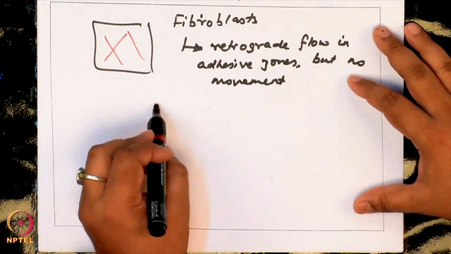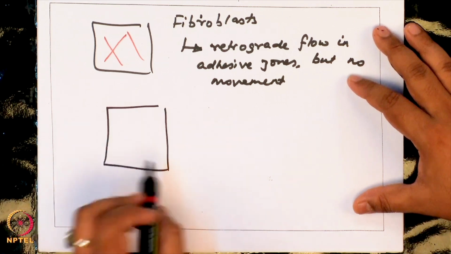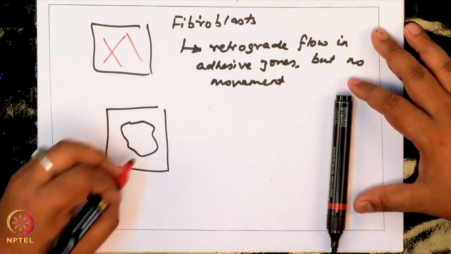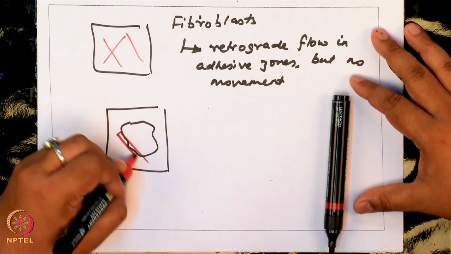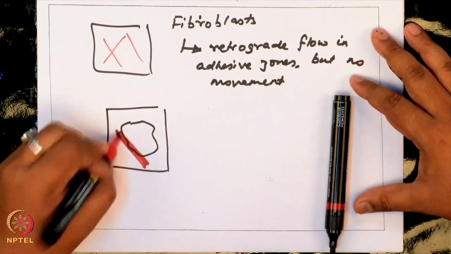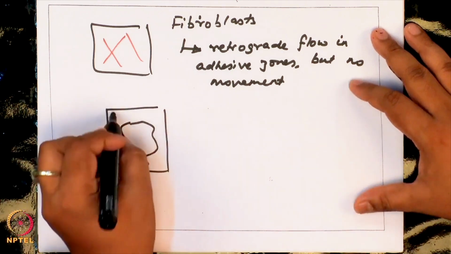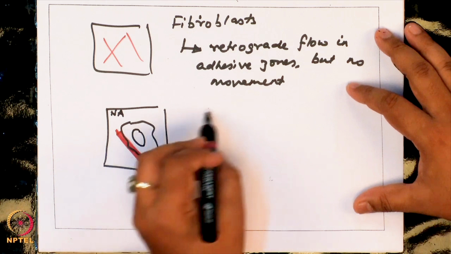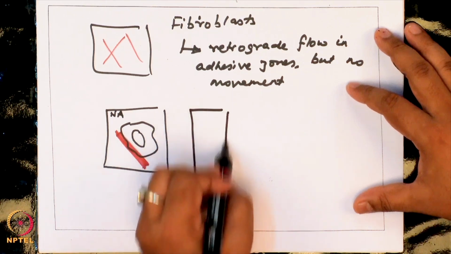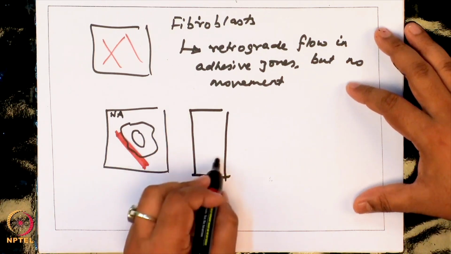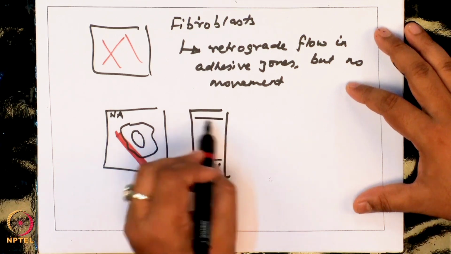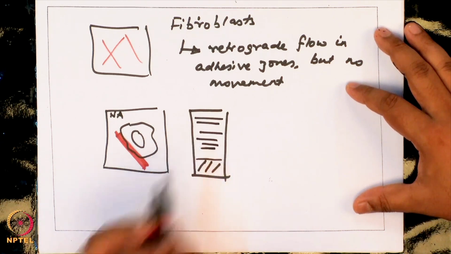Let us assume I zoom in on a cell, and let us say this edge is an adherent spot and the background is non-adherent. So, this is a cell. If you plot the kymograph, what you will find is there is a zone in which you have retrograde flow, but in the other zones your retrograde flow is flat.